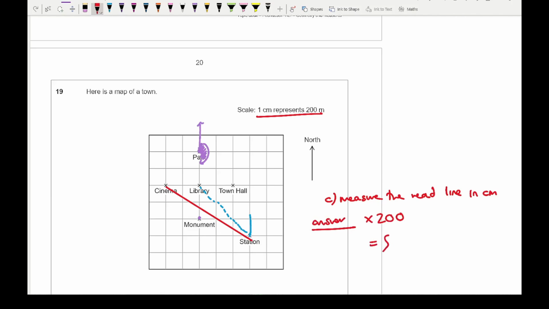And if you're measuring it on A4, then they would accept any answer of the line being between 5.6 centimetres to 6 centimetres. And if you multiply that answer by 200, they'll accept any answer between 1120 metres to 1200 metres for part C.